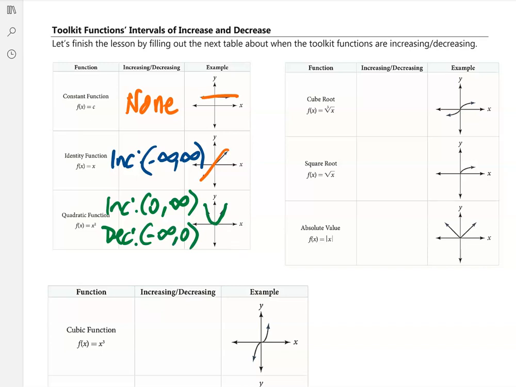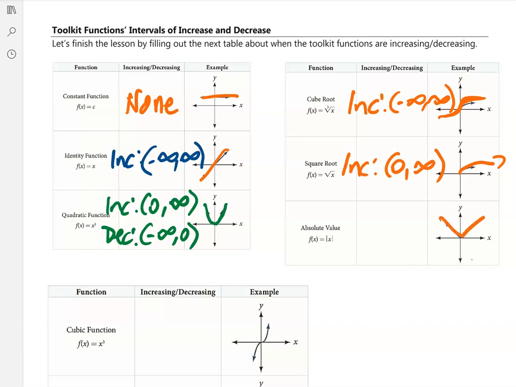Here, cube root, it looks like it's just increasing from negative infinity to positive infinity. Square root from this graph, that is also just increasing from 0 to positive infinity. And then the absolute value is just like the quadratic function. Same thing.